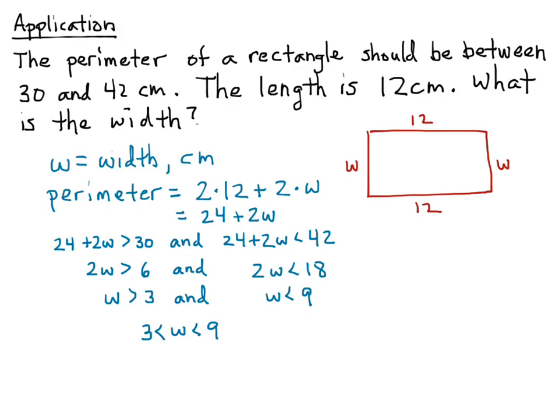Now I wrote this as a strict inequality, and if you're going to say it should be between 30 and 42, perhaps the equality will still work. So I could have put this as 3 is less than or equal to W is less than or equal to 9. So that's kind of a fine point on this one, whether you include the endpoints or not.